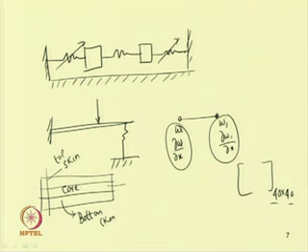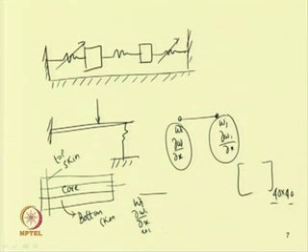When one is taking the classical theory, for one element one can take W_i as the deflection, then del W by del x as the slope, and U_i as the axial displacement.